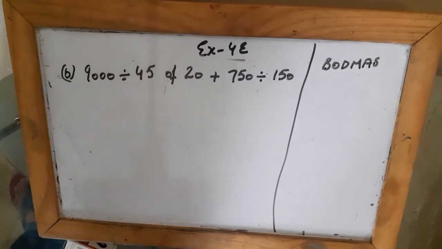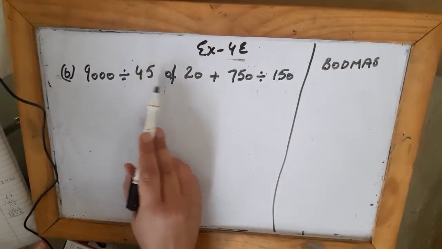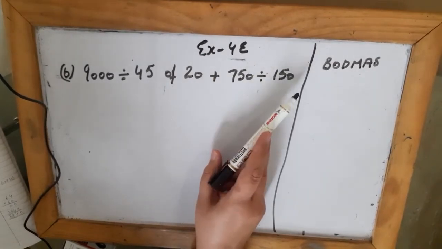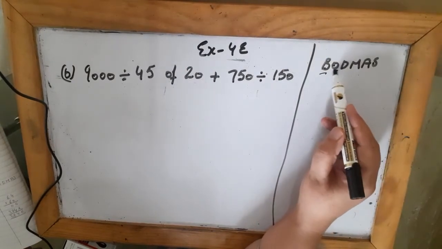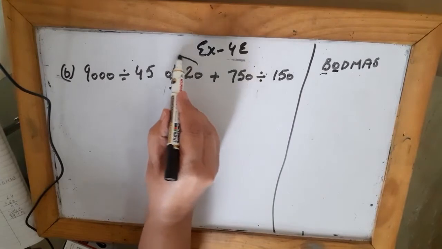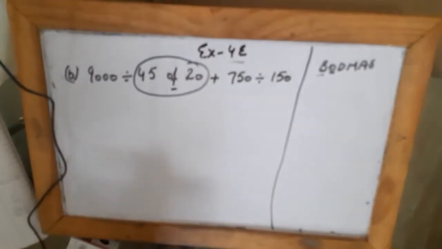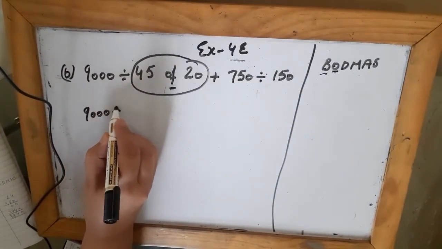The B part of the second question, you can see here I have divide, of, plus, and again divide. So according to the BODMAS rule, first is bracket, so no bracket is there, but the next is of. So this is of, so this I have to solve first. And of means we have to multiply.